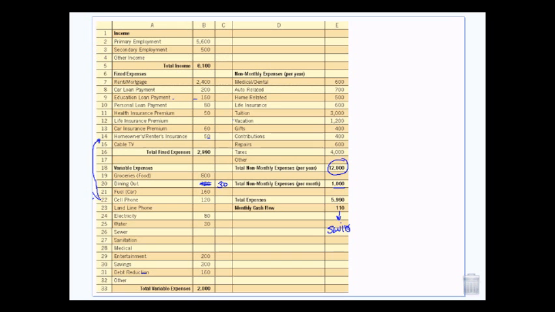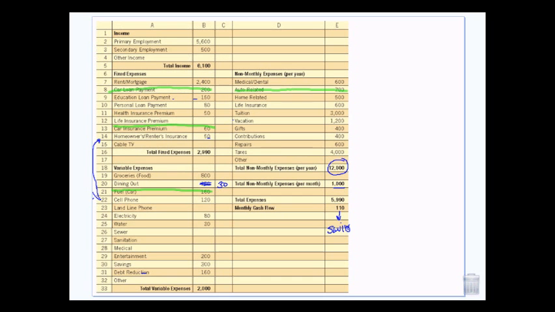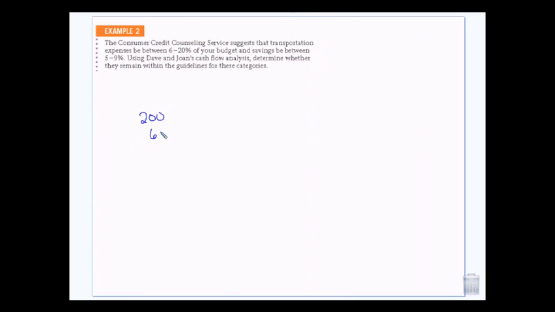So we look at their transportation expenses: car loan payment, car insurance, fuel, and auto related. So I have 200, 60, 160, and then 700 divided by 12 because that's for the whole year.